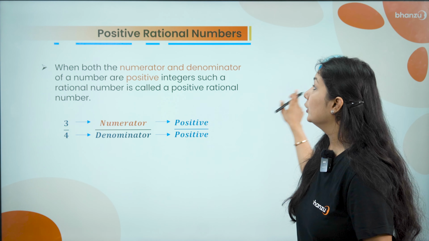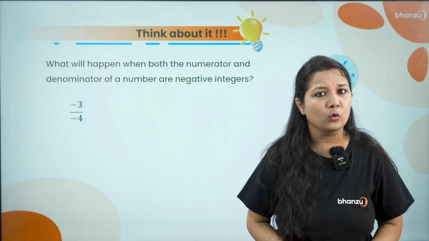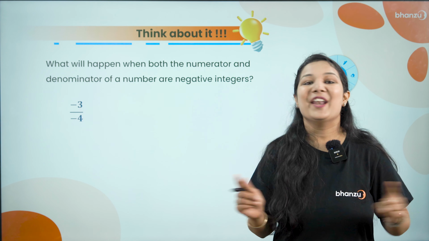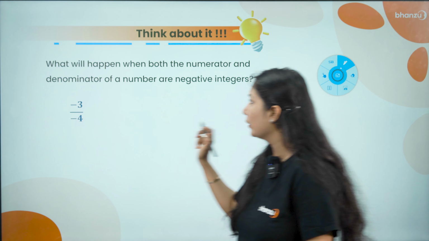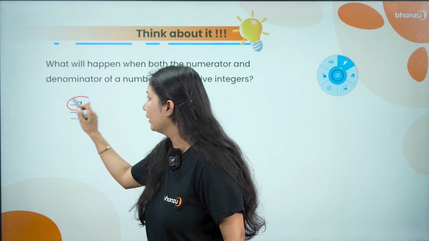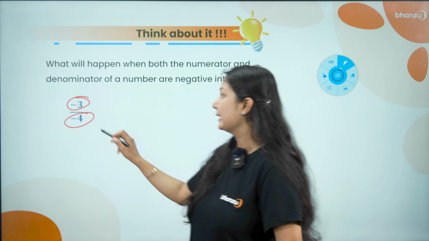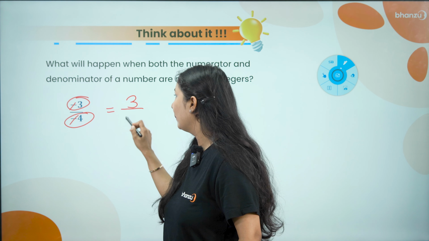What if the numerator and denominator both are negative? Then what do we call them? Do we call them negative rational numbers? No, let's see what happens with them. So here, whenever you have a negative numerator and negative denominator, in this case, the negatives get cancelled and you are left with 3 upon 4.